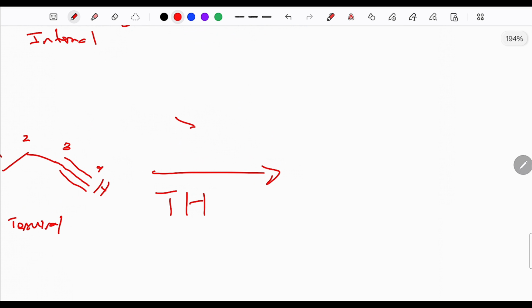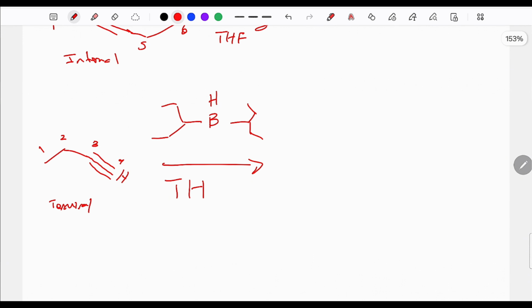And if you're curious, disiamylborane is as such. So here's my borane. It's bound to that H group, right? There we go. And so you can certainly see disiamylborane here is very sterically encumbered, and dicyclohexylborane, which is this one.